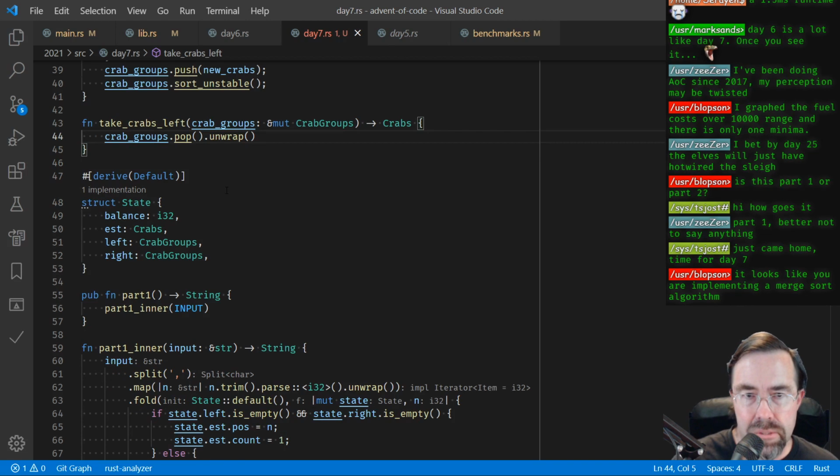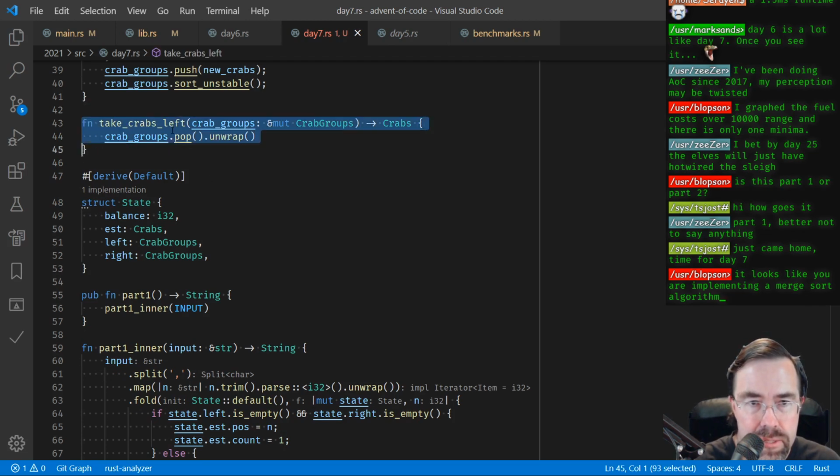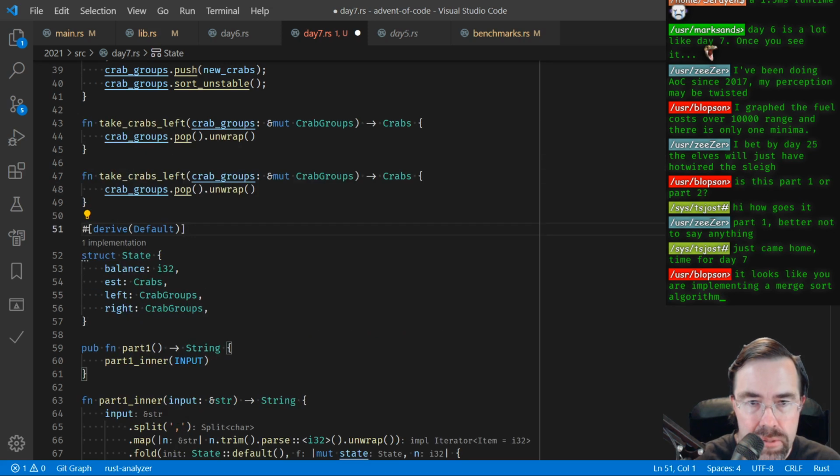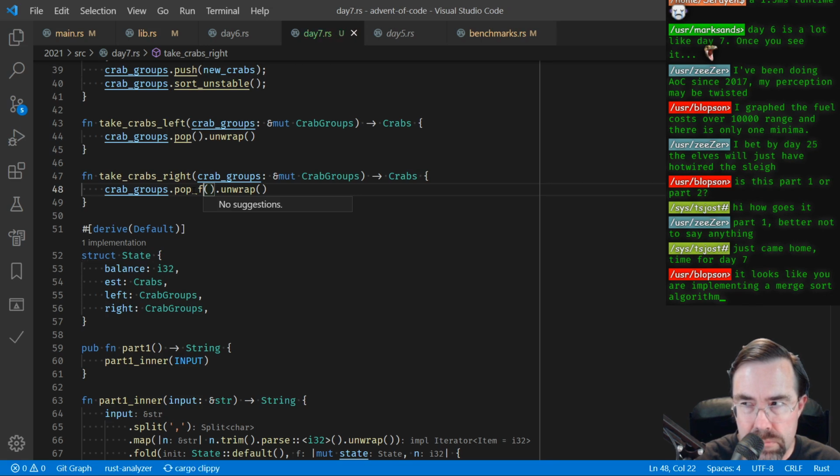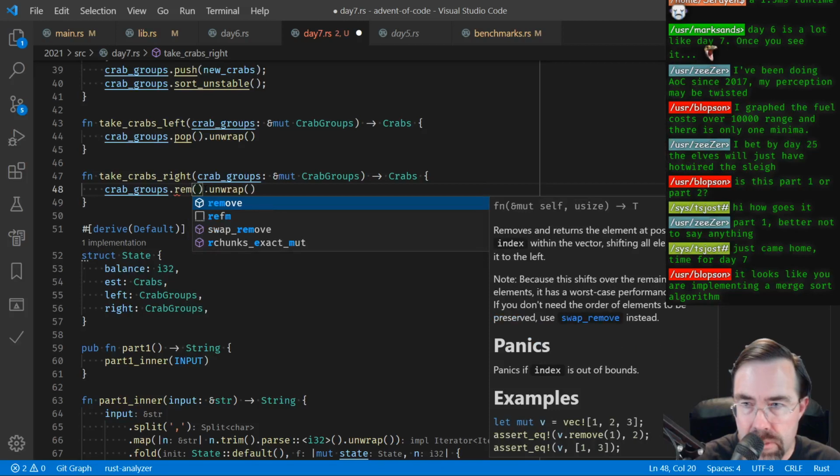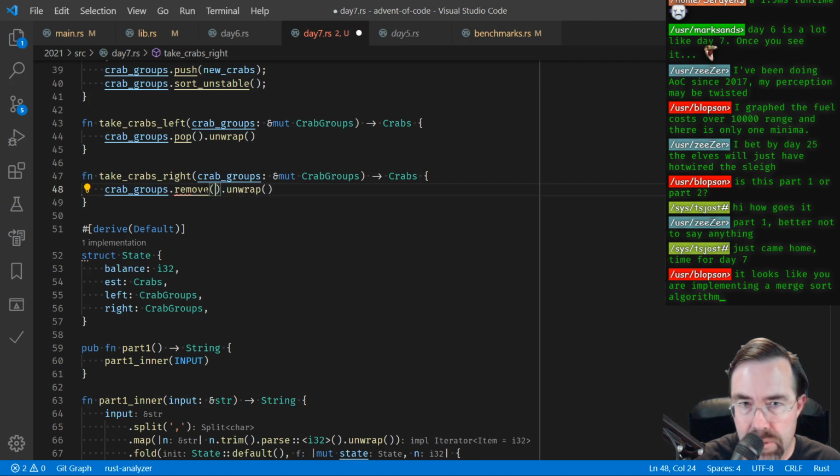Is there a pop front? We're gonna need take_crabs_right. I don't know if there's a pop front. Can I remove the first one? Remove returns the element at position index, shifting to the left. That's what I want, actually. Remove 0.